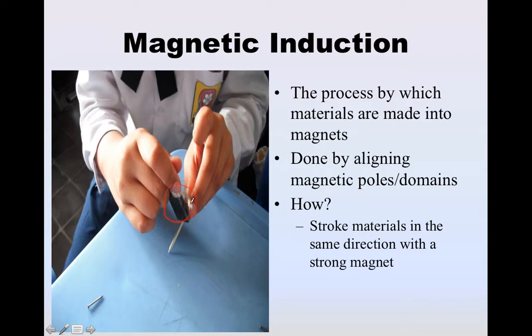Let it attach to it, and then you stroke it down the length of that material. The more times you stroke the material, whether it's scissors or a nail or whatever you're using, the higher the strength of it becoming magnetic.